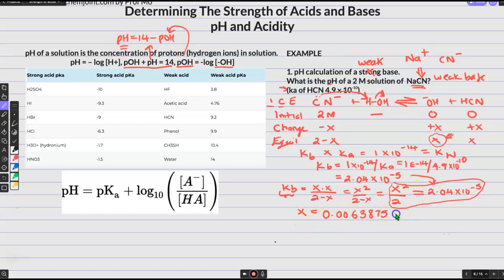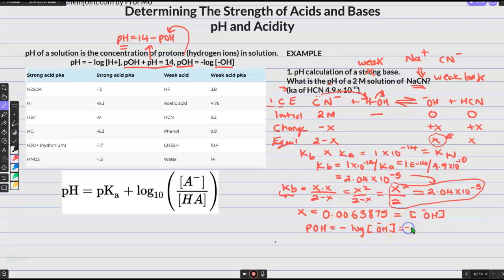So this is equivalent to the concentration of hydroxide in solution of this weak base. So let's find pOH. pOH will always be negative log concentration of OH.